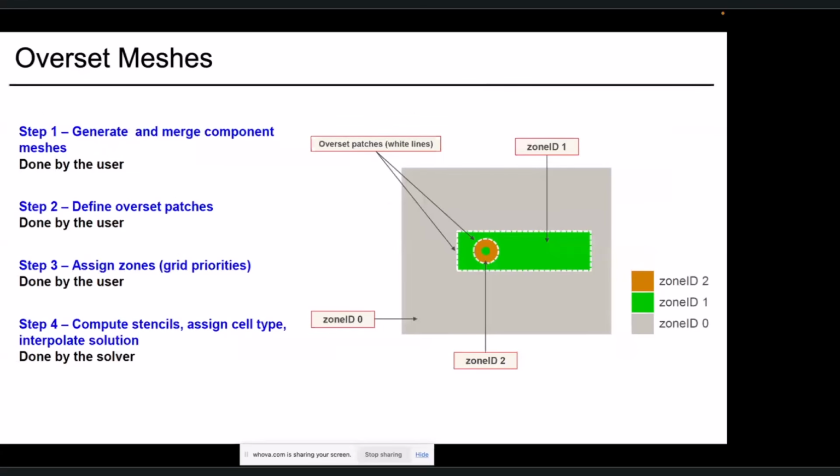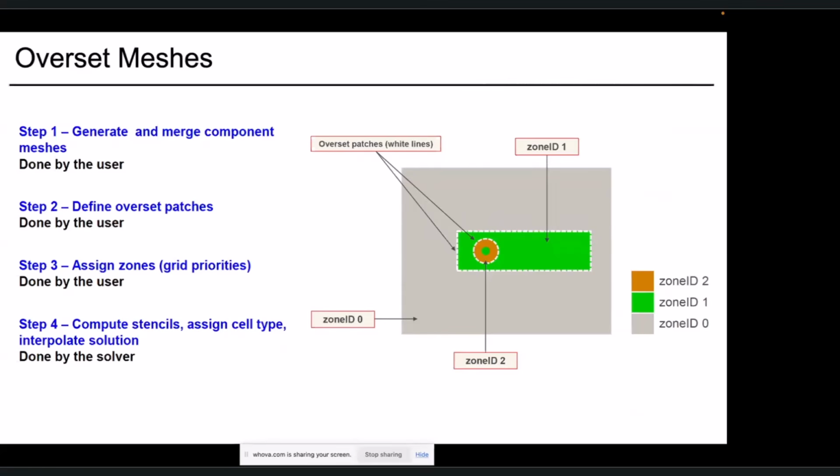Now, before we can actually perform the overset mesh simulations, we have to do some sort of pre-processing. Step one would be to generate and merge the component meshes. Here one thing has to be noted, that all these different component meshes have their own case files involving their own zero, constant, and system folders.